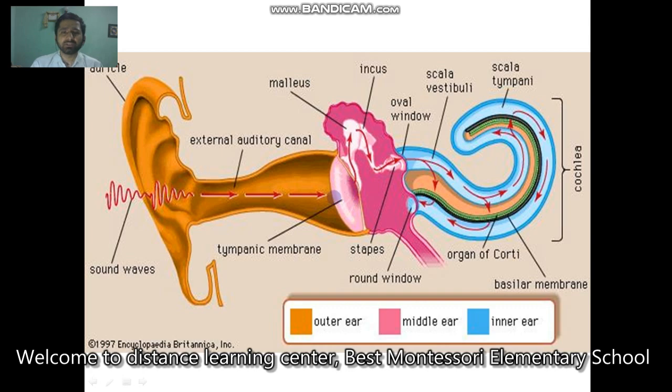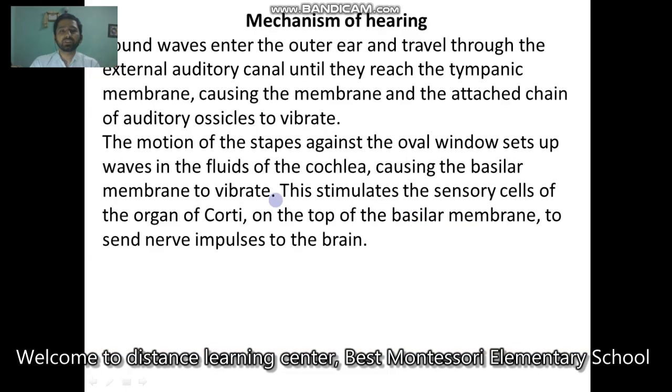That vibration of the eardrum is carried by the malleus, incus, and finally the stapes, the three ear ossicles. Now the sound wave enters the internal ear of our body. That stapes sends the vibration to the oval window.